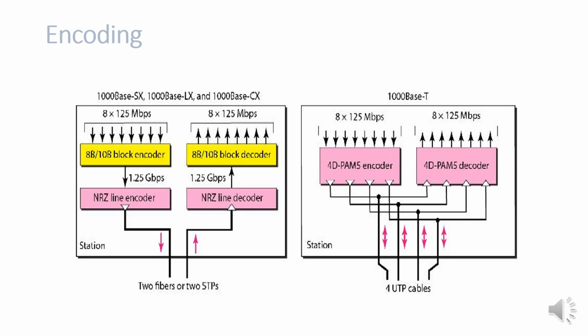Now we can observe how the encoding and decoding takes place with respect to the Ethernet. The figure shows the encoding and decoding scheme for the implementation. Gigabit Ethernet cannot use the Manchester encoding scheme because it involves very high bandwidth, around 2 Gbaud.